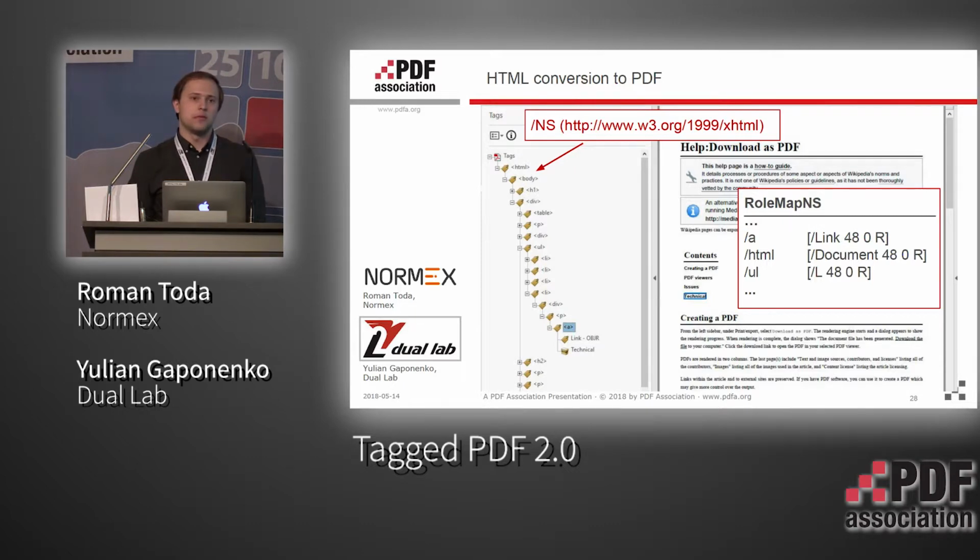Imagine you have an HTML file and you want to convert it to PDF, and you might want other third-party tools to be able to acknowledge that this document was converted from HTML, that its structure was derived from the HTML. So you might use for that an HTML namespace, like in this example, the XHTML namespace, and you would also need to provide the role mapping for that.